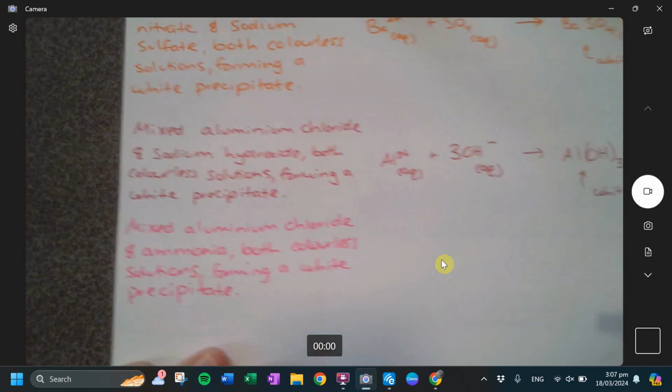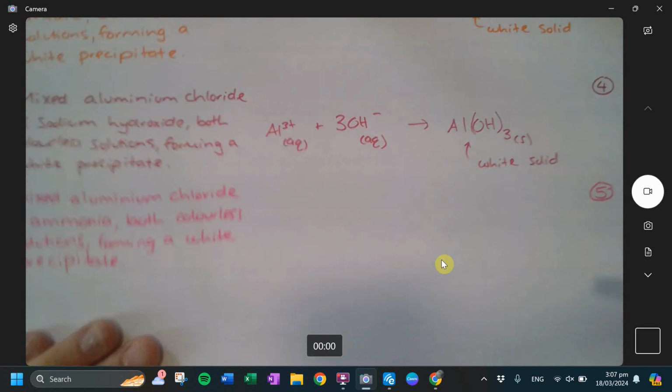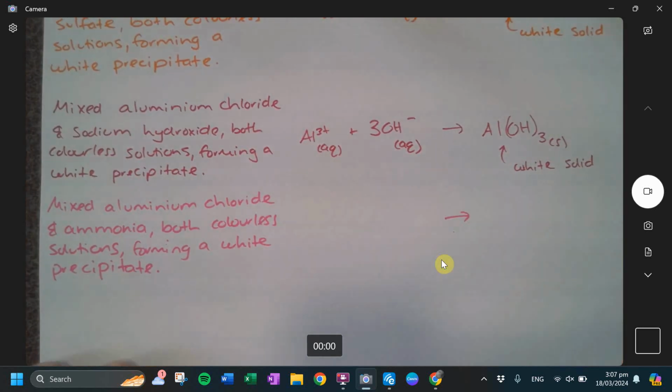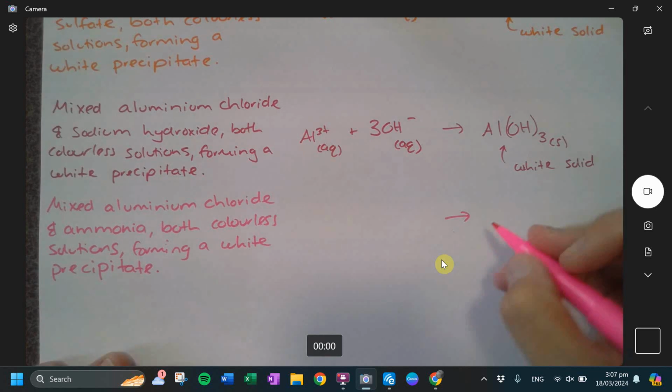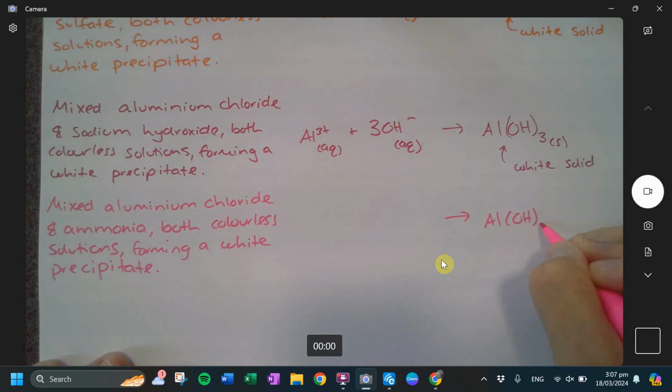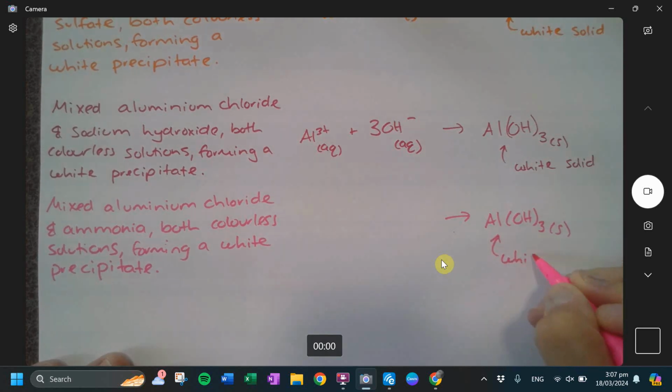All right, if I was to do my equation, actually I'll keep it like that so that we can see all of it. All right, what was the product? Aluminium hydroxide again, which is my solid. That was white.